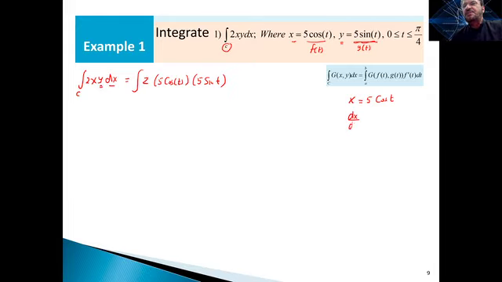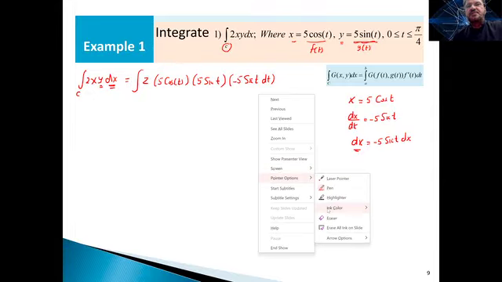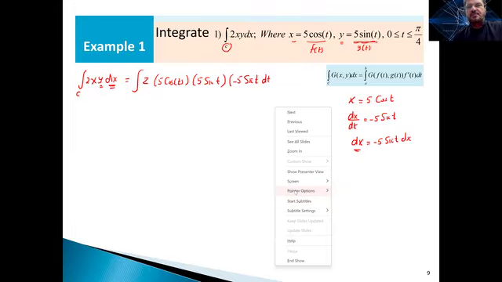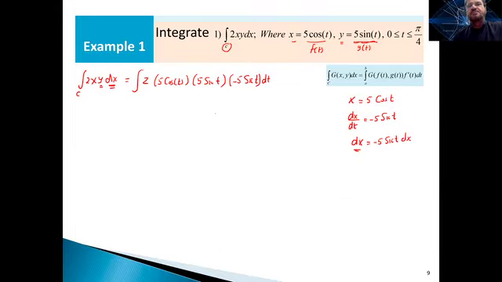So dx over dt is negative 5 sine t. Bring dt here, as I said in the previous slide. So this is minus 5 sine t dt. So I'm going to replace this dx now with negative 5 sine t dt. And the bracket should be here.